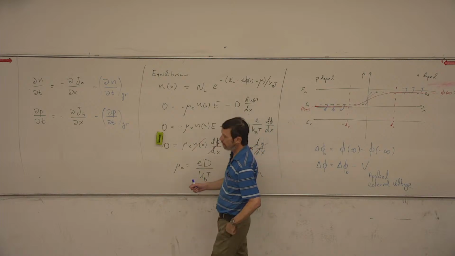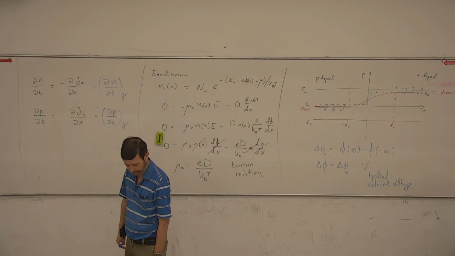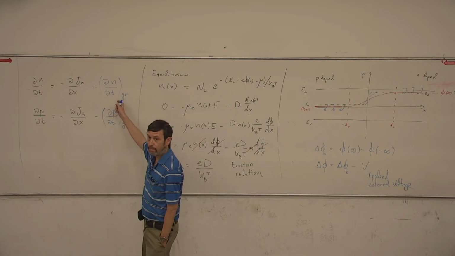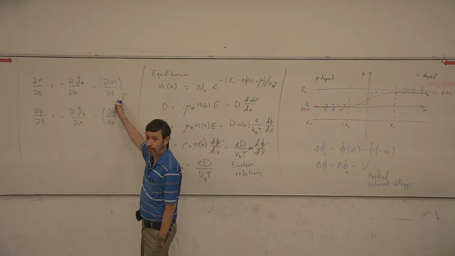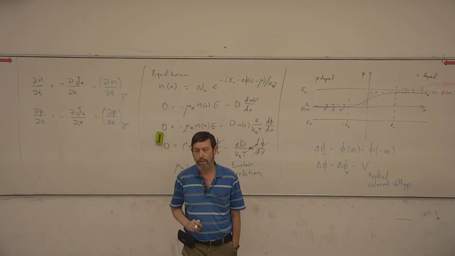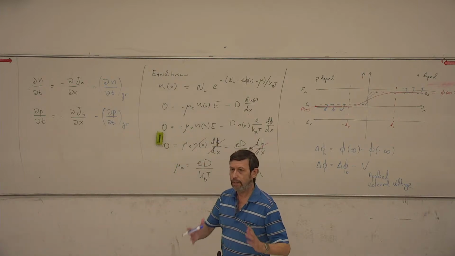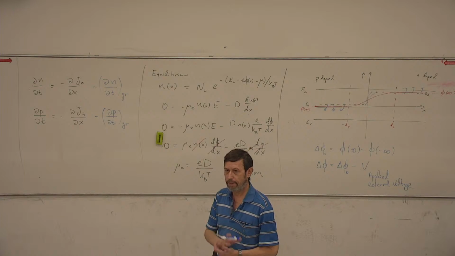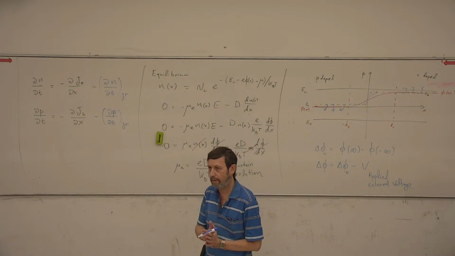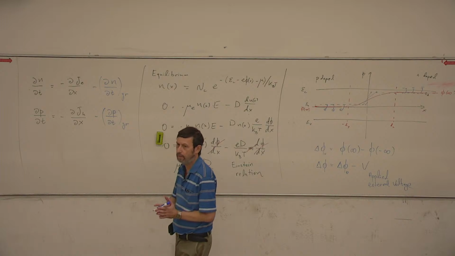It tells us something about the fact that my population can change with time, not connected to current. It doesn't move from place to place, but is created. What is the simplest model that we can put regarding creation or destruction of excess particles or holes?